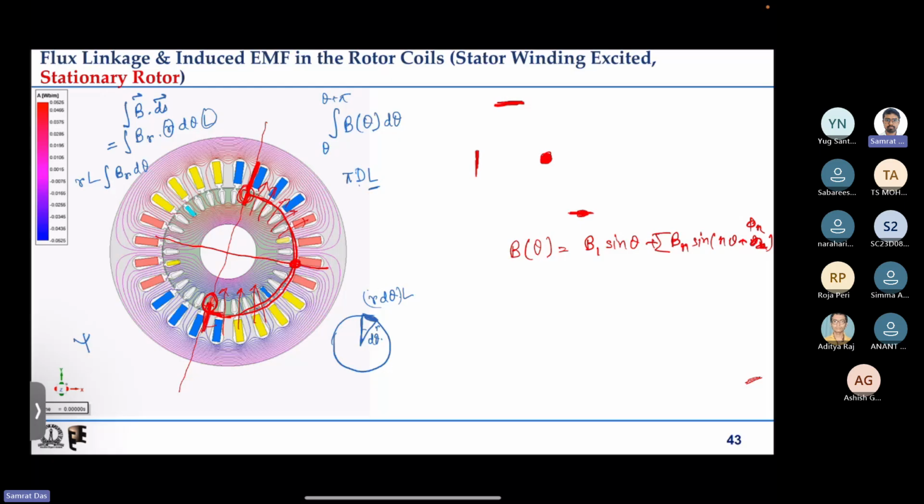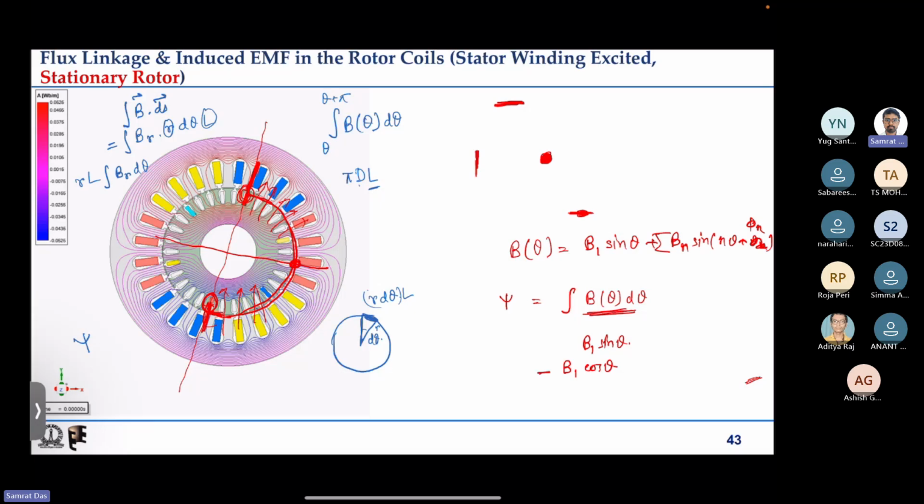But when we are calculating flux linkage, we are taking an integration of this B theta over theta. If this is B1 sine theta, then the integration will become minus B1 cos theta.